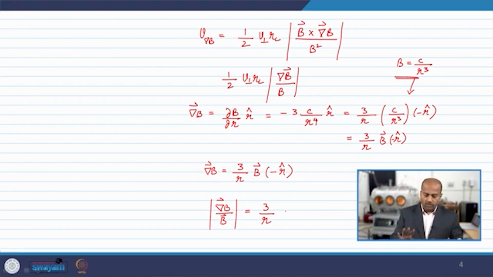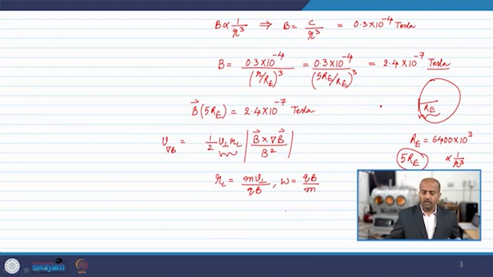So it may be confusing. Just to follow this, I'll go back. What I have done so far is, I know the magnetic field is proportional to 1 by r cube. That means it is falling off with 1 by r cube as we go away from r, right? So there is a gradient. The magnetic field is changing as we go along the distance r equatorially, right?